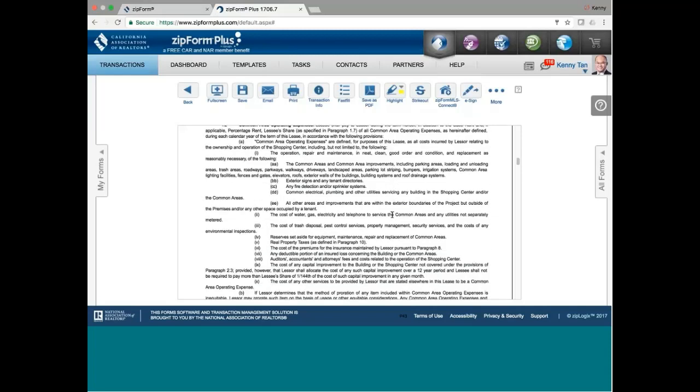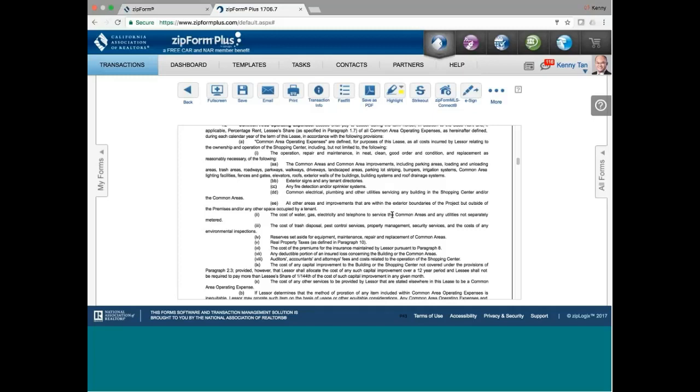Okay, I think there are 10 items in the common area operating expense. Item 1, the operation, repair, maintenance in neat, clean, good order and condition, and replacement as reasonably necessary of the following: the common area and common area improvements, roof, and so on.